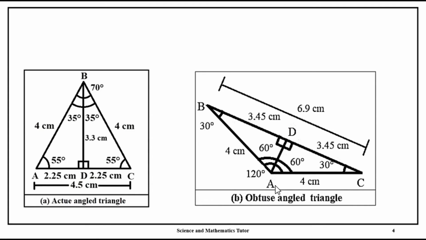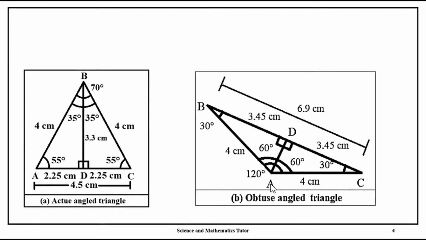The first triangle ADC also consists of three angles, that is angle D 90 degrees, angle A 60 degrees, angle C 30 degrees, and its sides measure AC 4 centimeters, CD 3.45 centimeters, and side AD 2 centimeters.